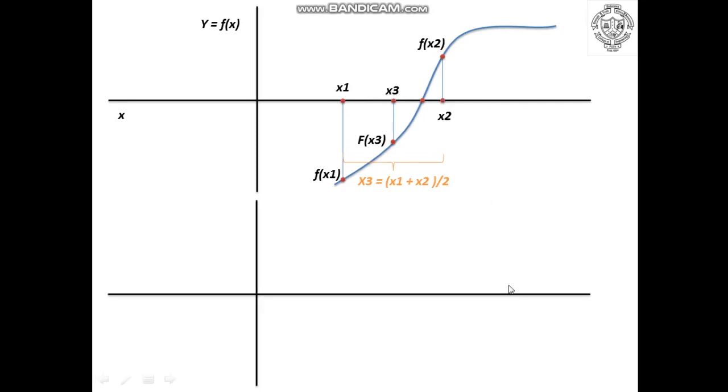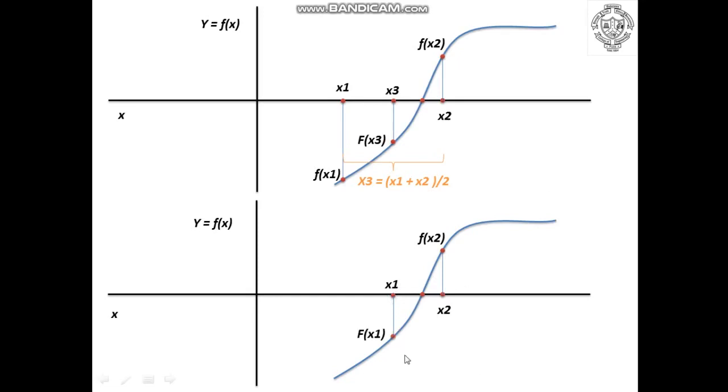In the next point you will observe that x2 remains as it is with its respective function f of x2, and now x3 has been replaced by x1. Again we will find the same value, but now the name will be changed to x1, with its respective function shown here as f of x1.